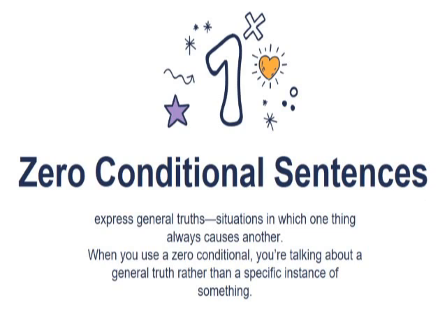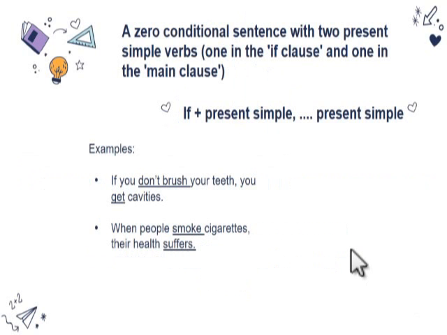What are the examples for zero conditional sentences? In a zero conditional sentence, you use two present simple verbs, in both the conditional clause and the main clause. Remember, you use present simple verb for both clauses in a sentence.